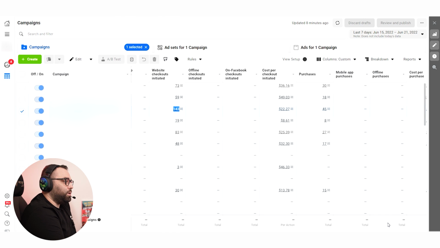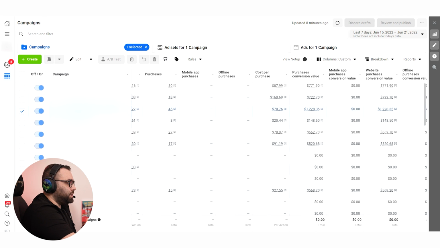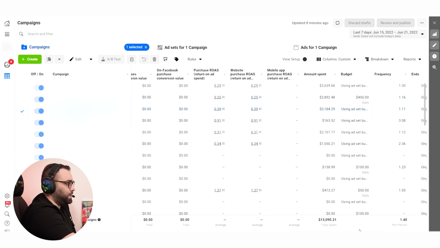So here we see 31%. I'm not saying that there are not other accounts that are working perfectly fine with 31%, but as a first glimpse, it shows me that there's a problem over here. So this is also another thing that I can see immediately.